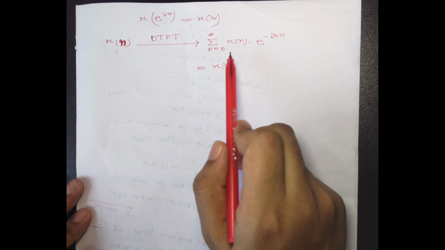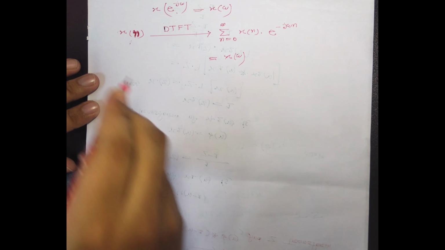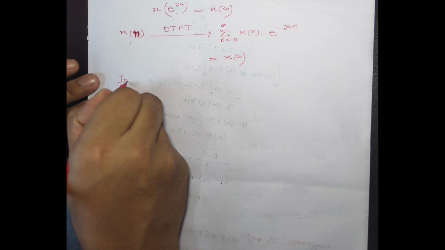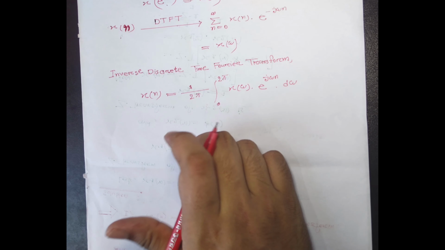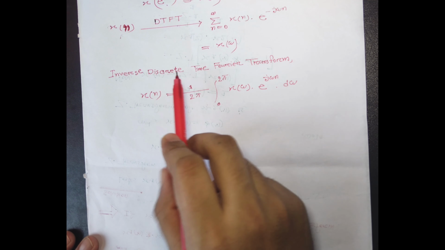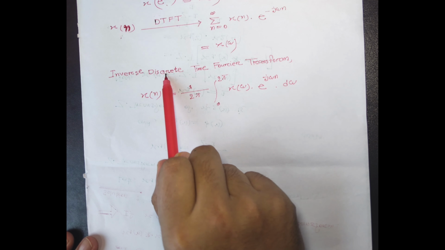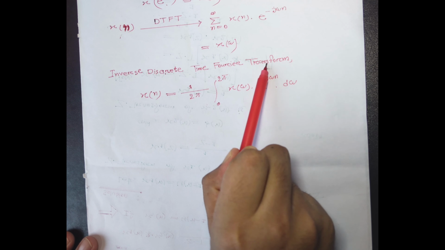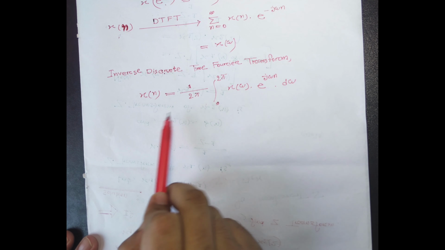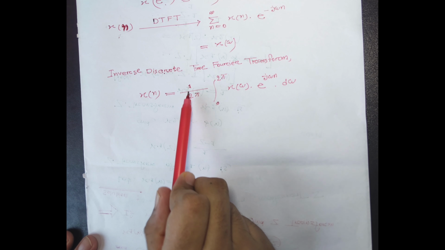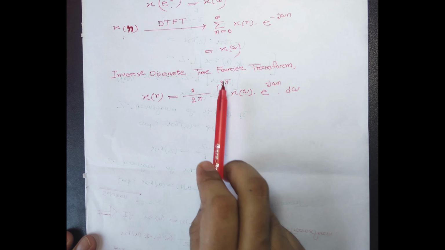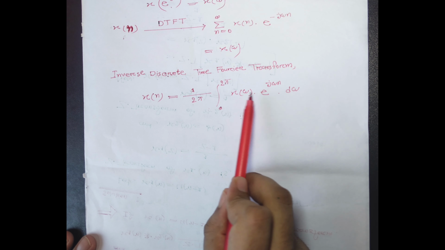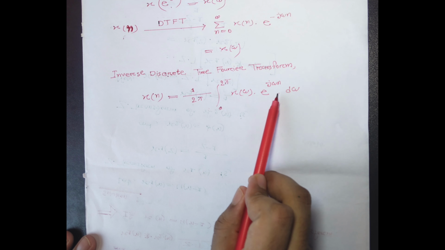And if we take the inverse discrete time Fourier transform, then we will get x[n] equal to 1 by 2π integration of 0 to 2π X(ω) into e to the power jωn into dω.